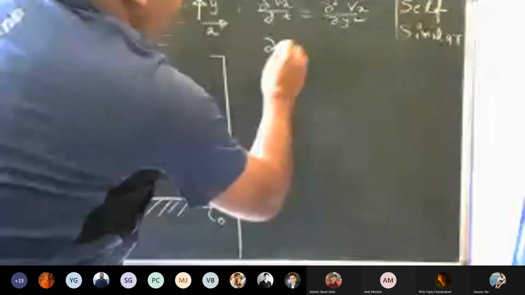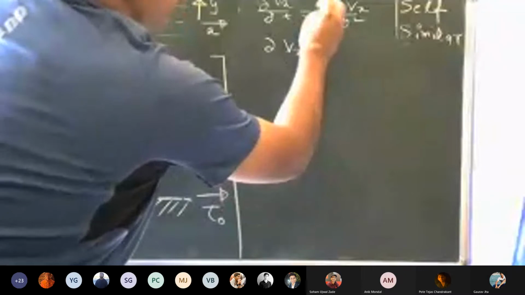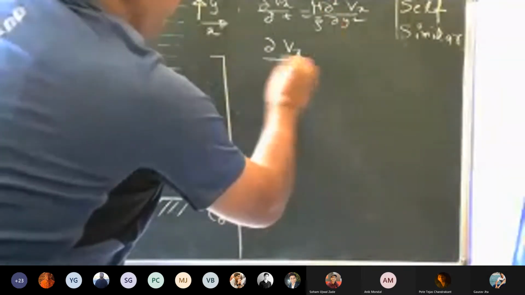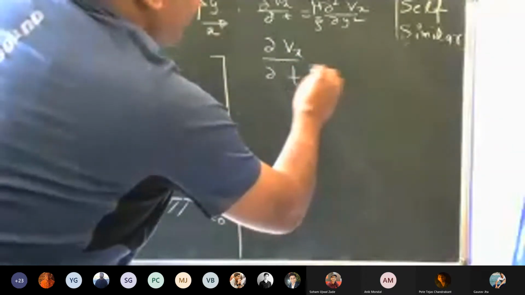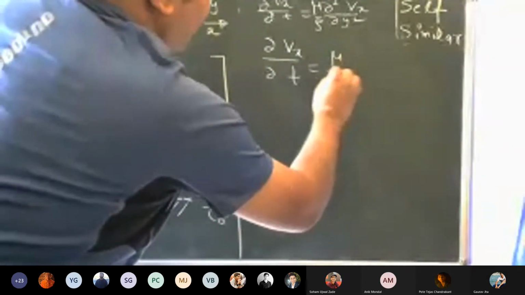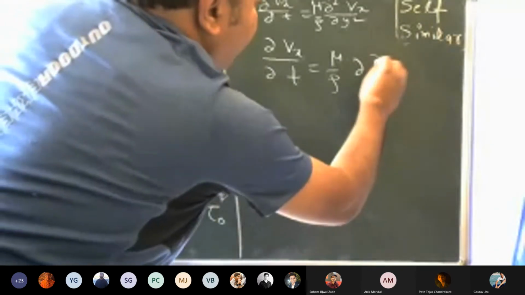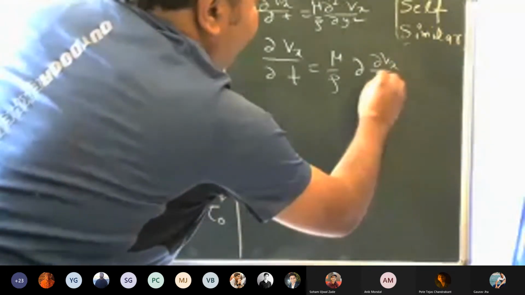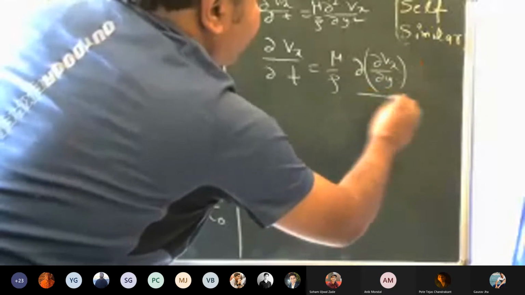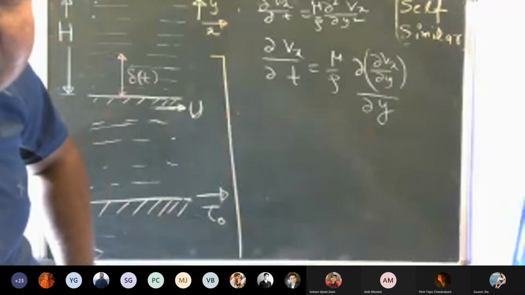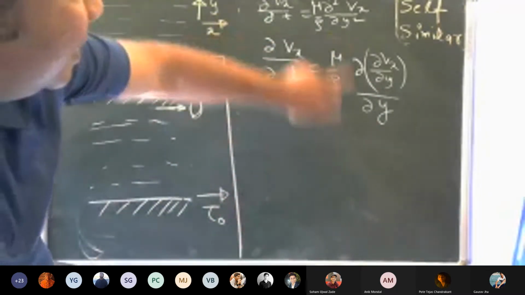So dou vx by dou t, keep it as it is, and here we have mu by rho, dou by dou y of dou vx by dou y. I think now it makes sense why I missed it. Clear? This double derivative.